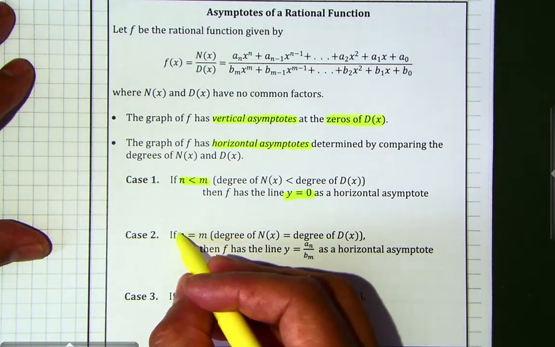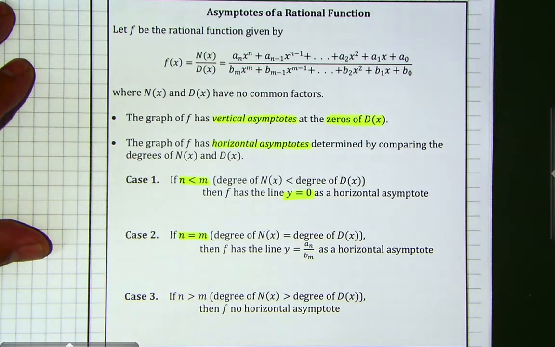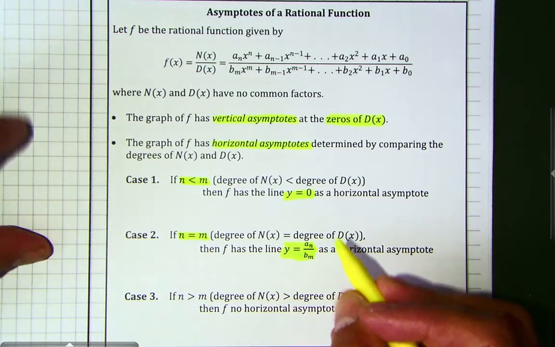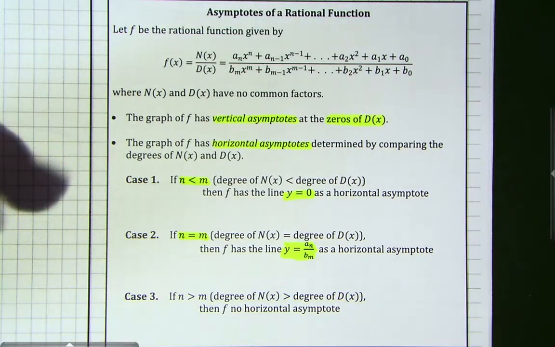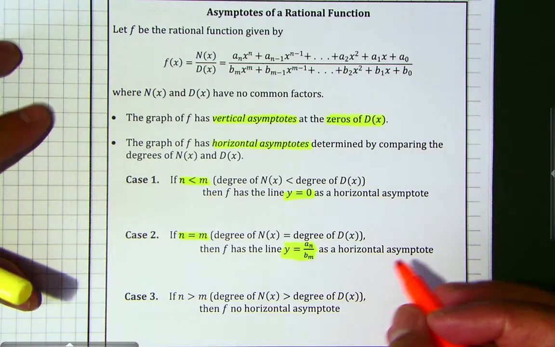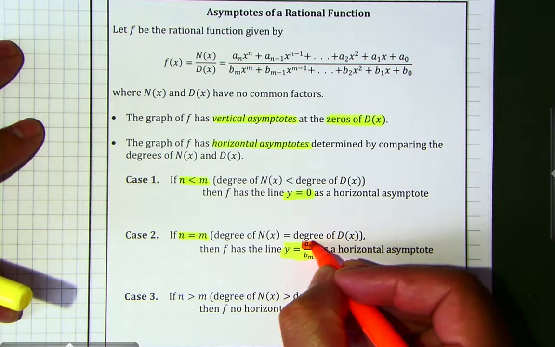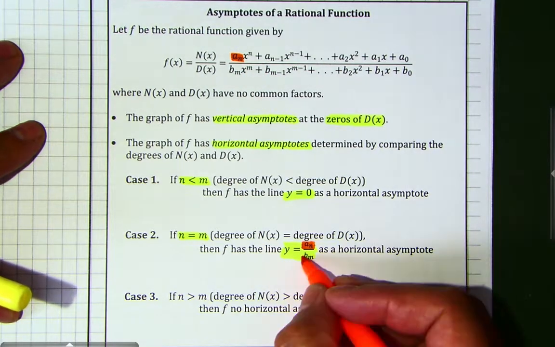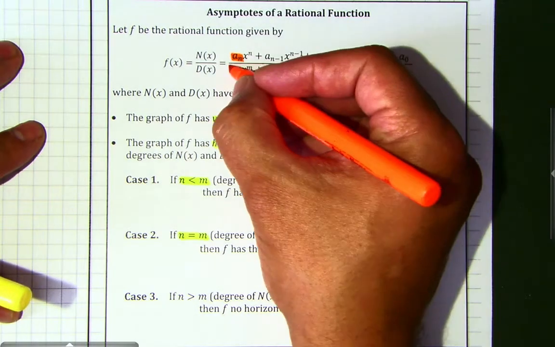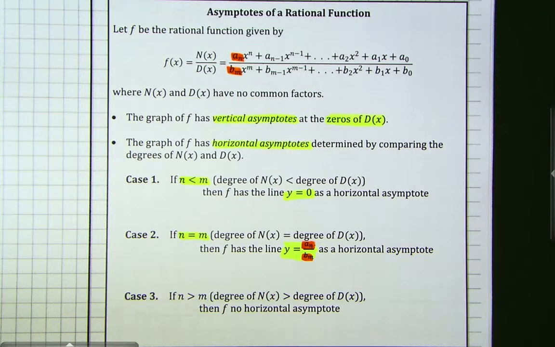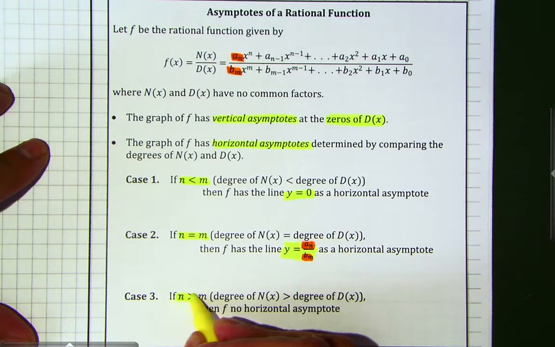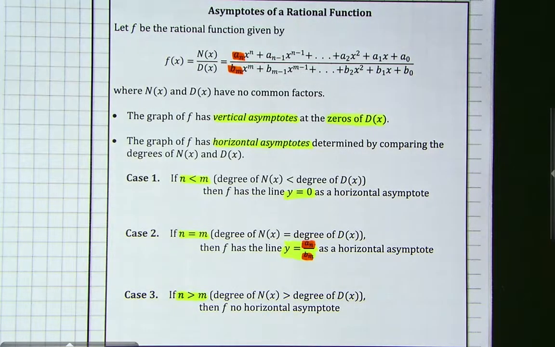If the degrees of the polynomials are the same, then f has the line y equals a sub n over b sub m as the horizontal asymptote, where a sub n is the leading coefficient of your numerator and b sub m is the leading coefficient of your denominator. And the last case is that if your numerator has a bigger degree than your denominator, then it has no horizontal asymptotes.